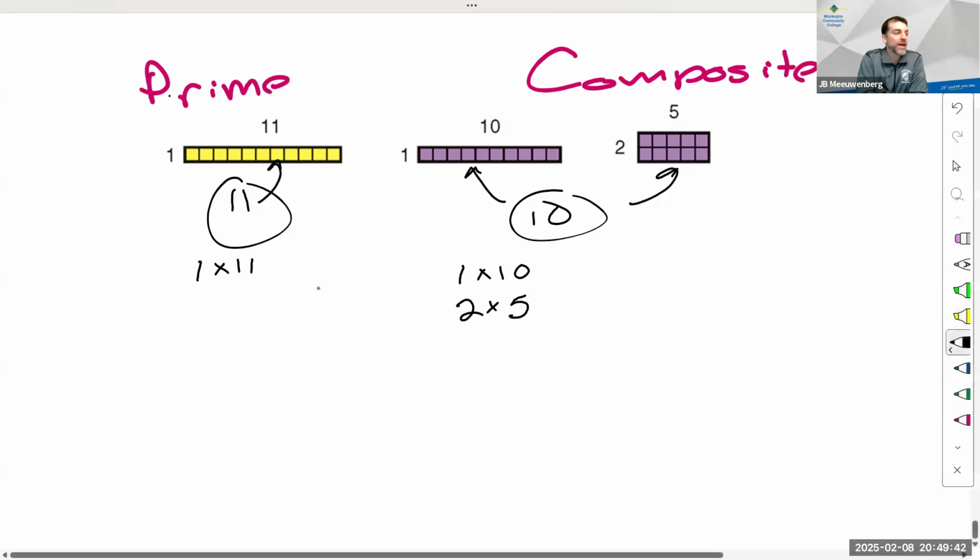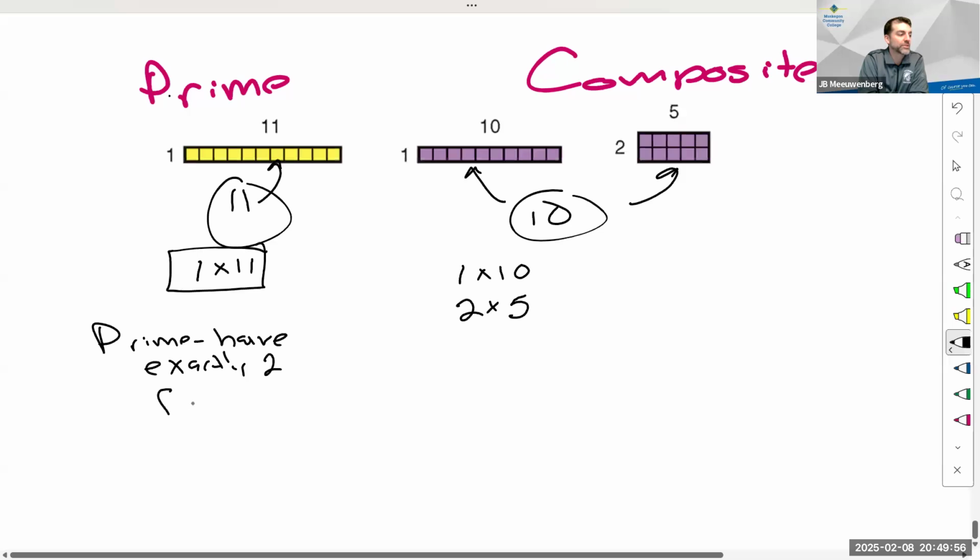Prime numbers have exactly 2 factors. Okay, so prime have exactly 2 factors.